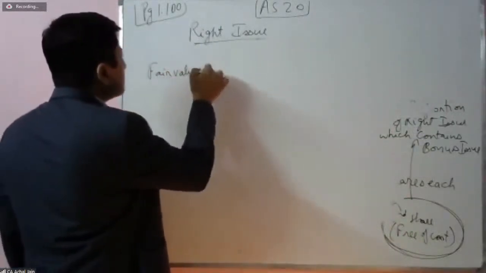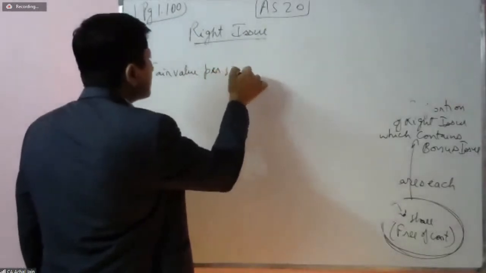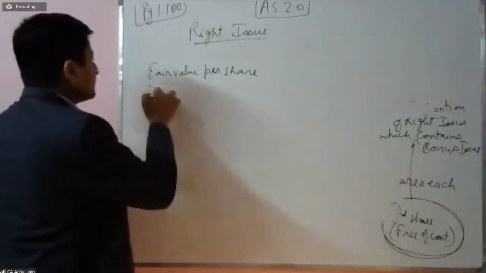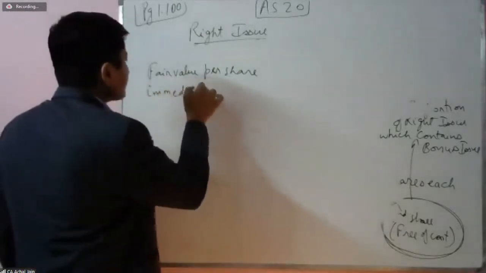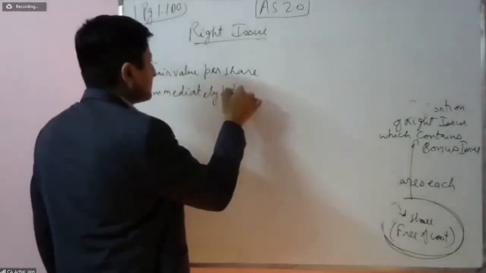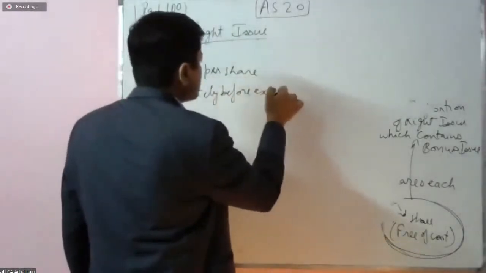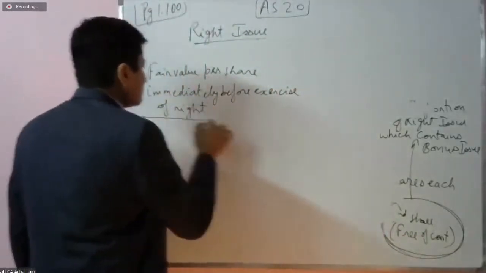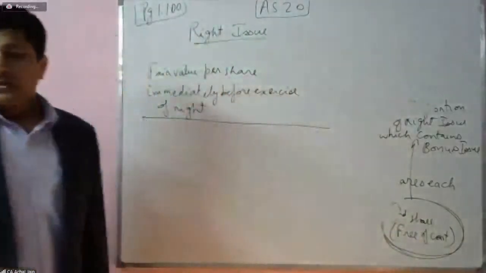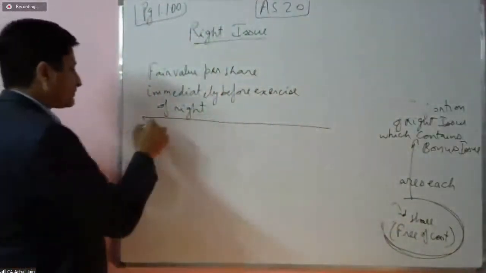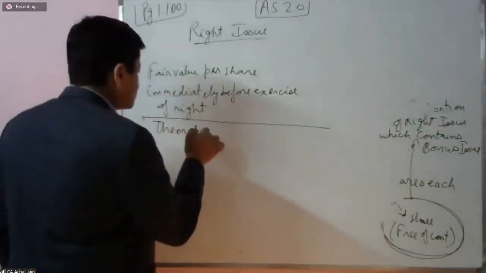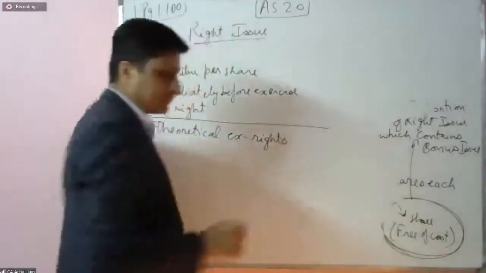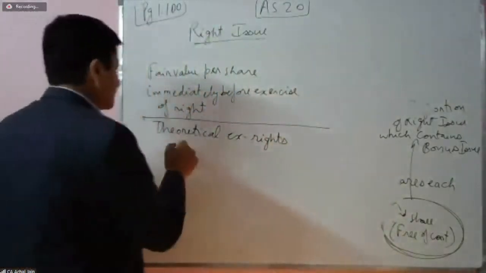Fair value per share immediately before exercise of right, divided by theoretical X rights fair value per share.